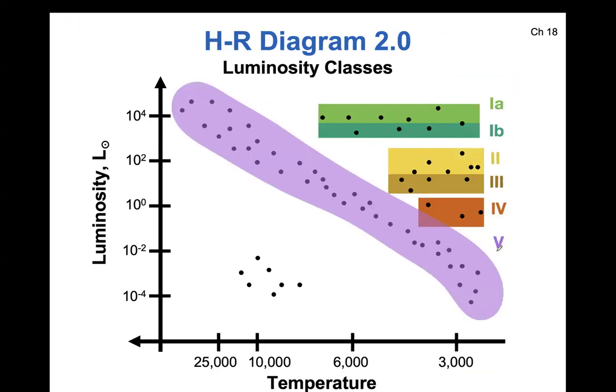So main sequence in the purple, the sort of rusty red are the subgiants. The brownish orange color is the giants. The yellow gold color is the bright giants. Then we have the less luminous supergiants in sort of the blue-green color, and finally, our mossy green color is the bright supergiants.